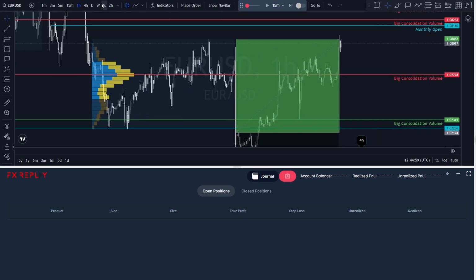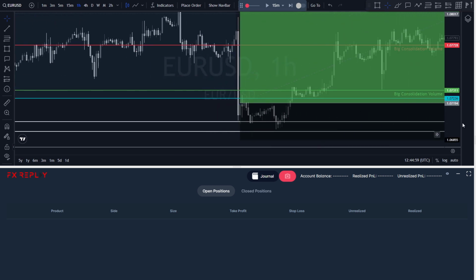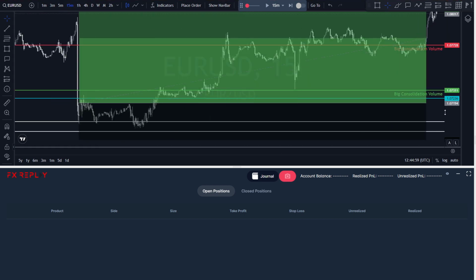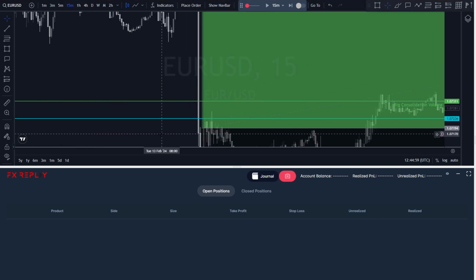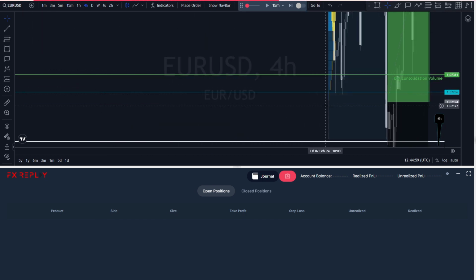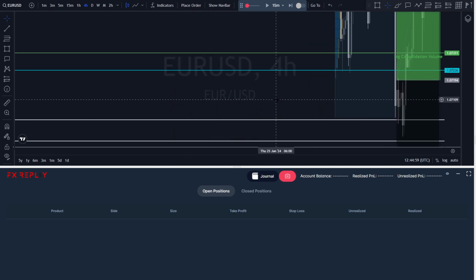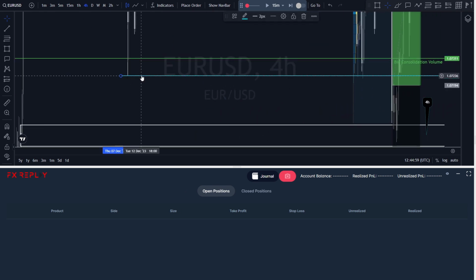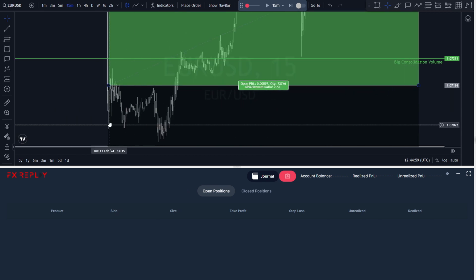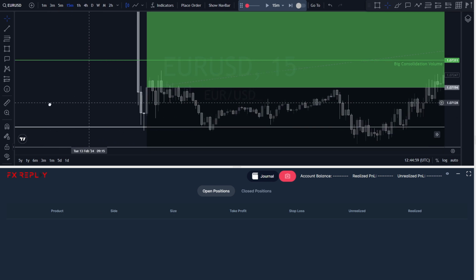And that's the reason why I entered on an impulsive move away from the order block, because it also took out, of course, the low that was made from the consolidation, which also matched with this liquidity area. And I entered on this impulsive move right here, that you can see.